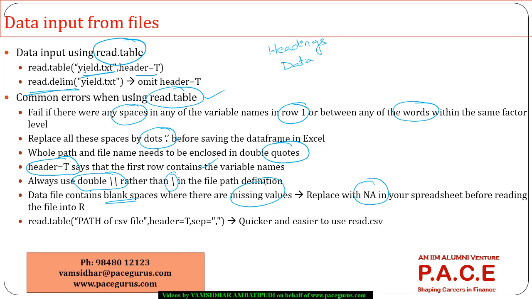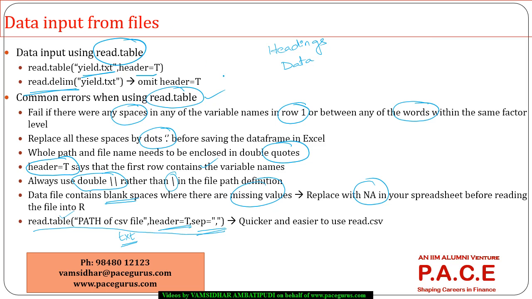So the final version of your read.table should look like this. read.table, the path of the CSV file or the text file, the full path, or if you have set your working directory, the path after the working directory, header equal to true, saying that you have a header row, and sep equal to comma, setting that you are getting a CSV file into R. In some cases, the sep may not be a comma, it might be something else.